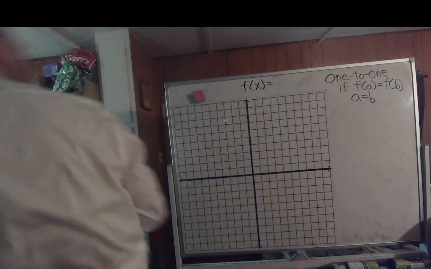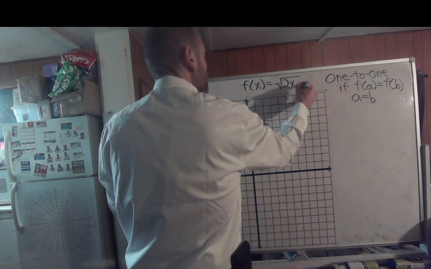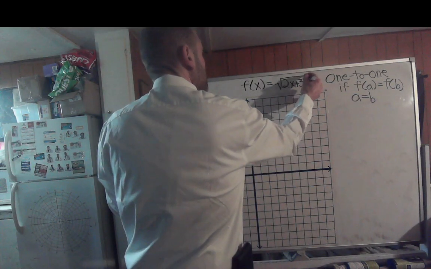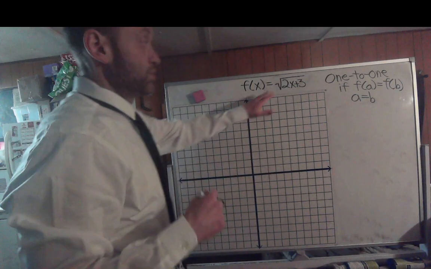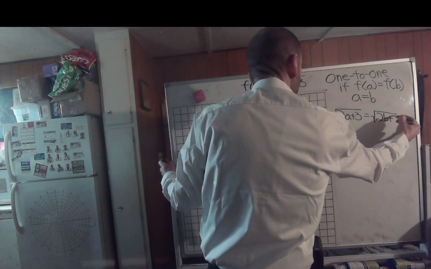All right. F of x equals the square root of 2x plus 3. So algebraically, let's do this. This will be the square root of 2a plus 3 equals the square root of 2b plus 3.